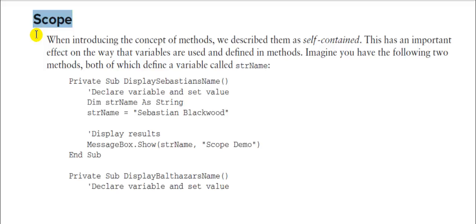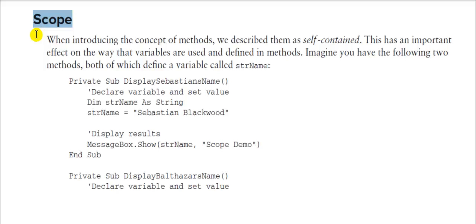Remember that when you use the by-val keyword, if you have the variable outside the method and the same variable inside the method, whatever you do to the variable inside the method doesn't affect what gets done to the variable outside the method, right?